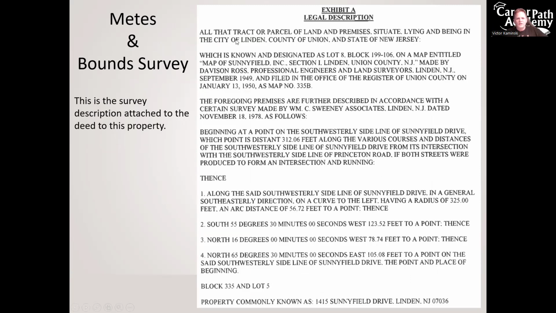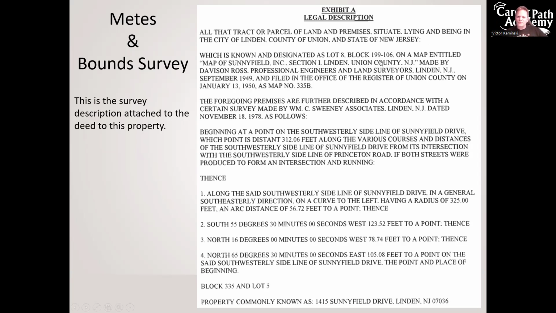It says, all that tract or parcel of land and premises situated, lying, and being in the City of Linden, County of Union, and State of New Jersey, which is known and designated as Lot 8, Block 199-106. I guess that was the big major area plot of land, where acres and acres of many homes were being built.